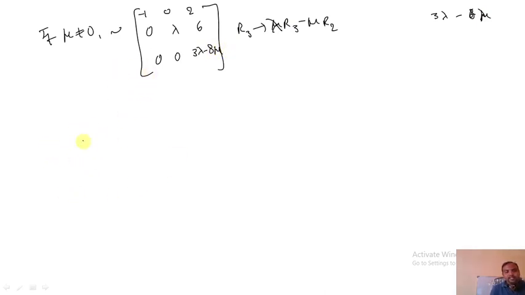So now in this case, first, suppose 3 lambda minus 8 nu is not equal to 0. Whatever lambda is, this term is non-zero, which implies 3 lambda is not equal to 8 nu.